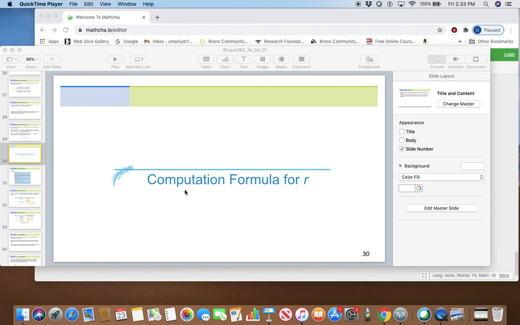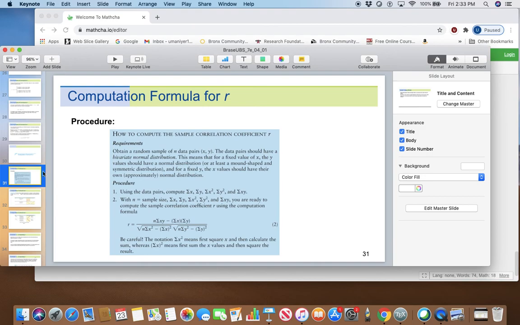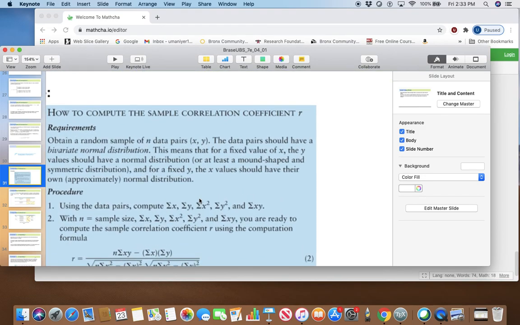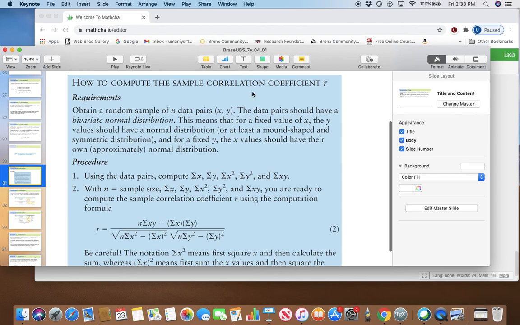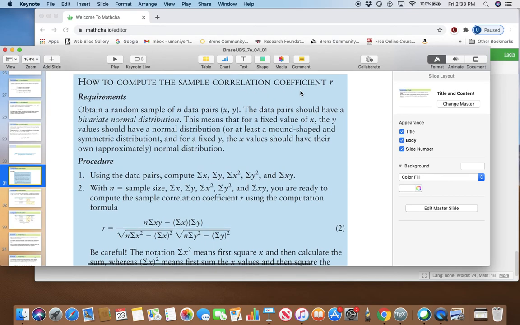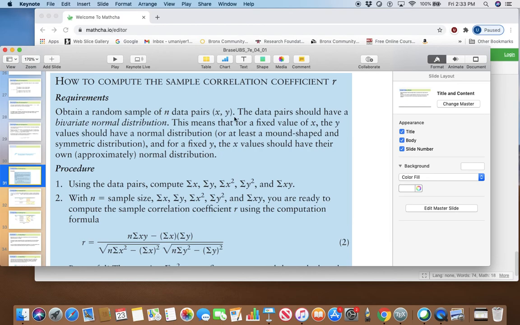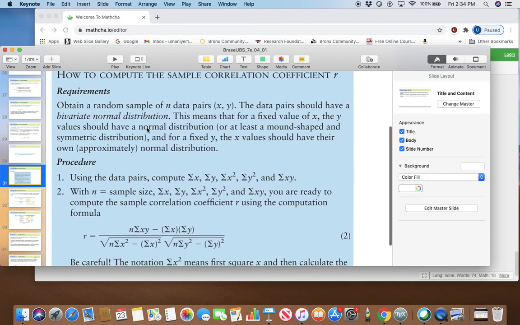Come back. So now we start with the computation formula for R. How to compute the sample correlation coefficient R. For n data pairs (x, y), they should have a bivariate normal distribution.